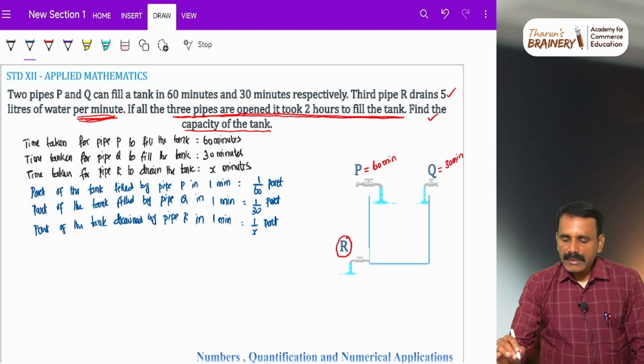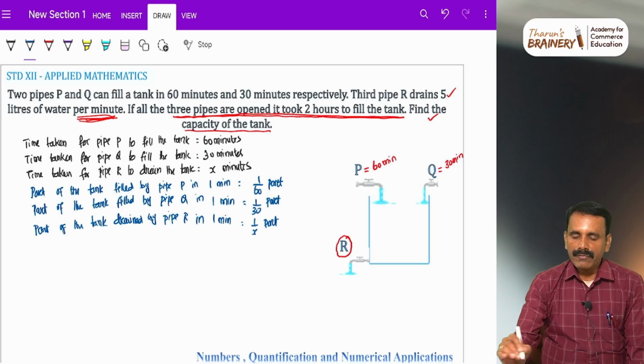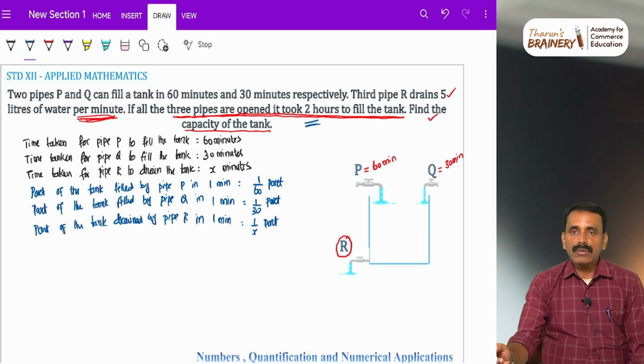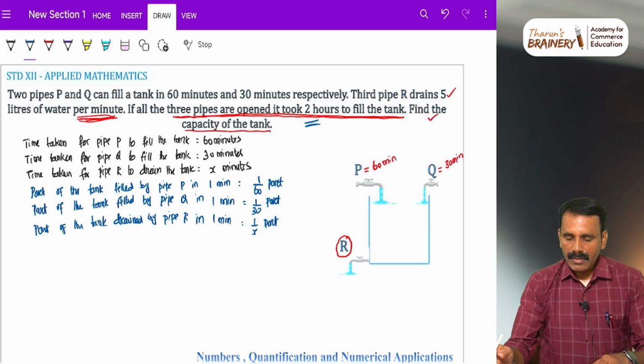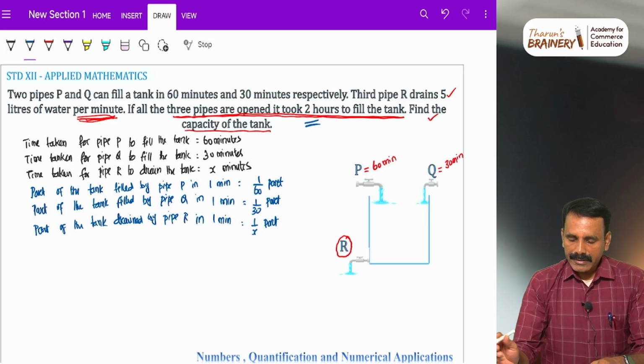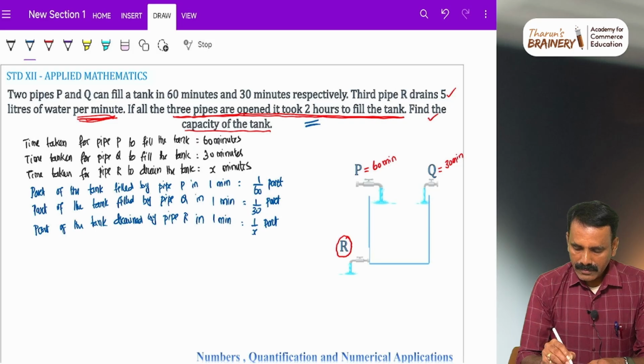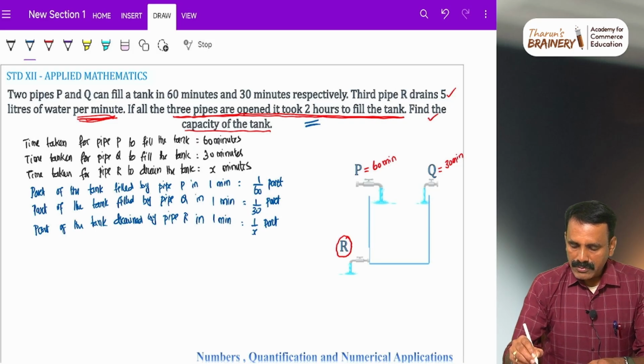And if all the pipes are operated, the time taken will be 2 hours. It is going to take 2 hours to fill the tank. So 2 hours will be 120 minutes.